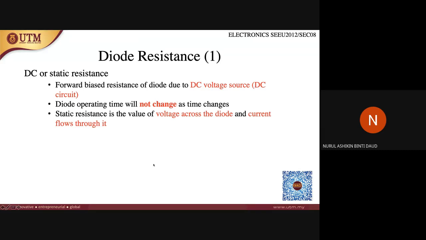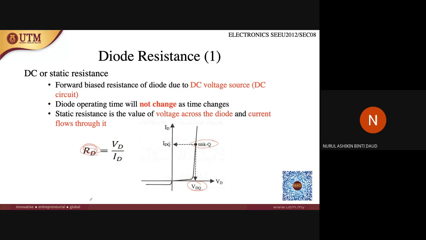The formula for static resistance is this way, at point Q, for example. To find the resistance at point Q, you have the information for V at point Q and I at point Q. So to find the resistance, it is V divided by I. At any time, if you apply voltage V at point Q, the resistance is always the same, even if the time changes.